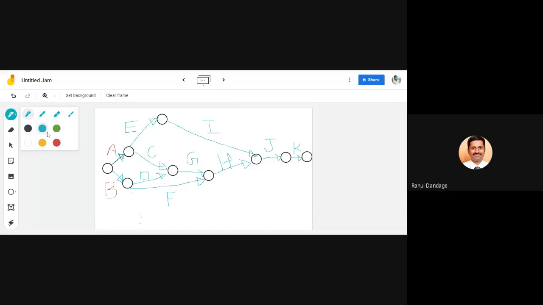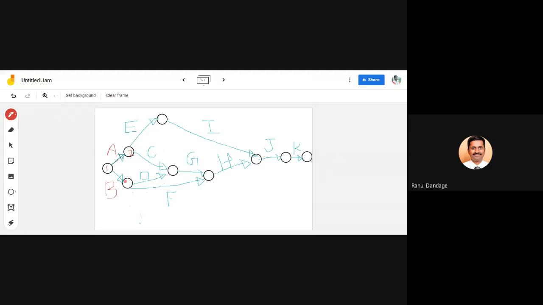So let me select a different pen. As per the network analysis rule, we should start with 1 and then go from left to right. Whenever you are numbering, care should be taken that you number them properly.